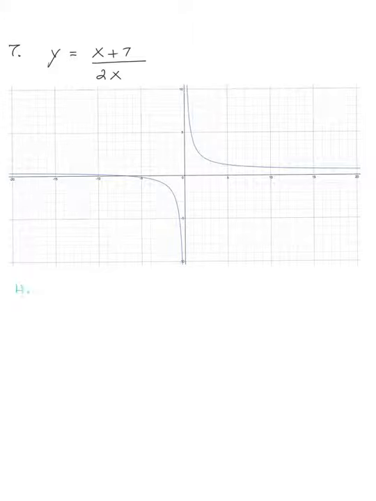All right, so looking for the asymptotes and intercepts. Well, the vertical asymptote looks pretty clear that it is at x equals 0.